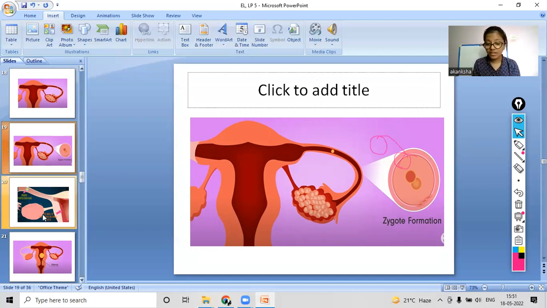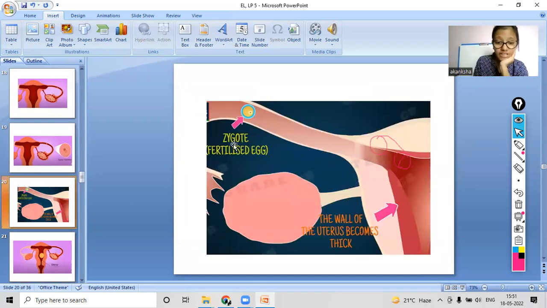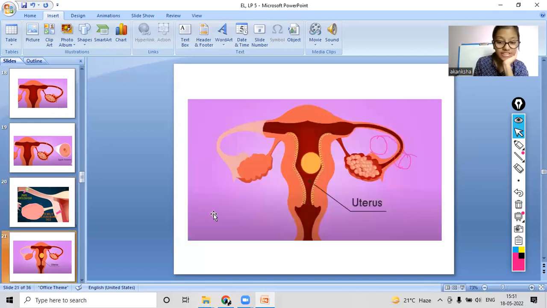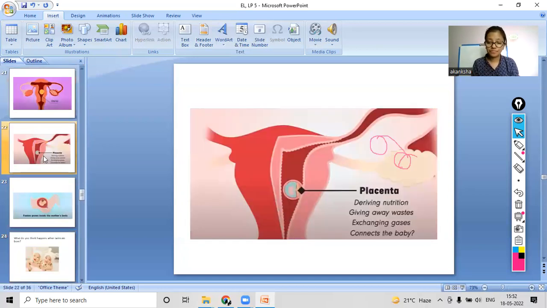The wall of the uterus becomes thick so that it can provide nutrition to the zygote. Then the zygote gets bigger, developing into an embryo, and the embryo further develops until it reaches the size of a baby. So this was the whole process of fertilization in the female reproductive organ.